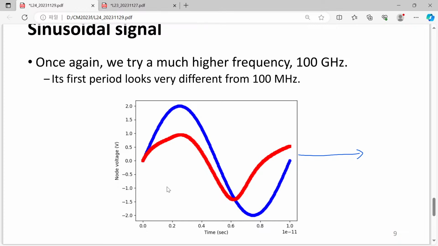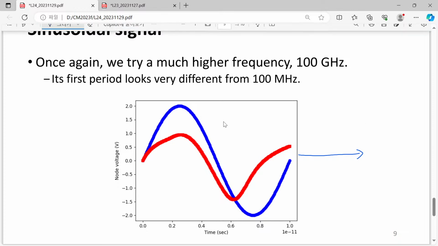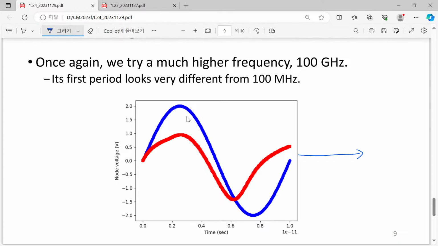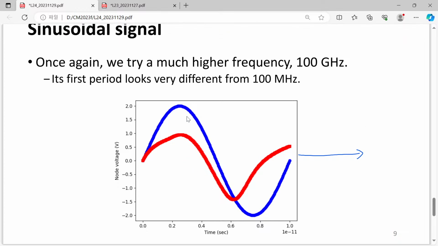So you must wait for a while, several periods, then this very initial response will diminish. After that, you get just the real response of your system.